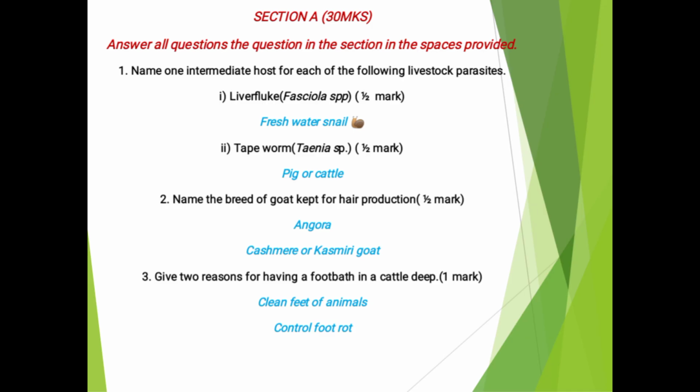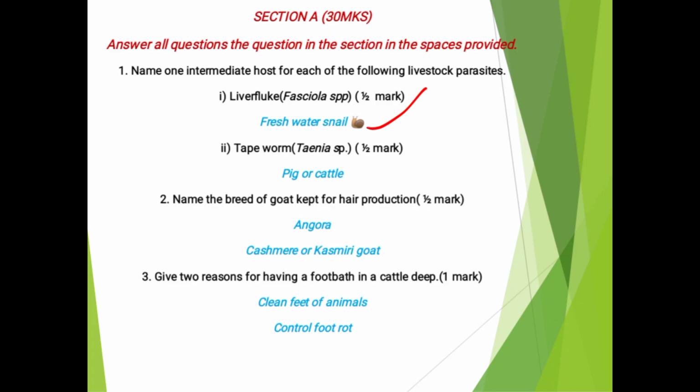Name one intermediate host for each of the following livestock parasites. Now, Fasciola species, that is usually known as liver fluke. The intermediate host is the freshwater snail.